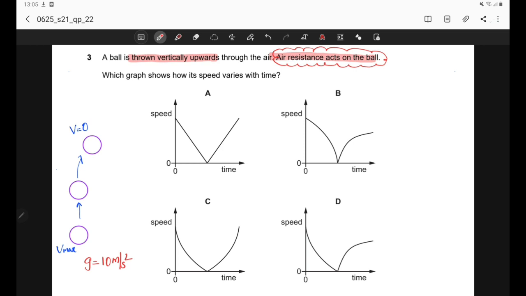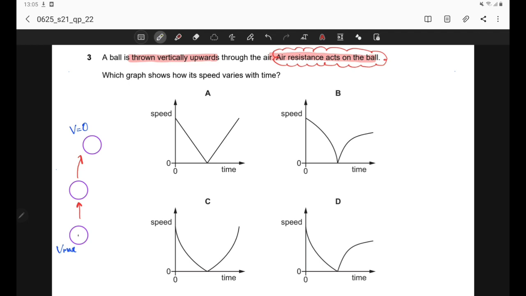So now look at the ball and we can check what will be the direction of the force of air resistance acting on the ball when it is moving upwards. So we know that the ball is moving upwards. So when it is moving upwards, the force due to air resistance will also act in the opposite direction of motion.